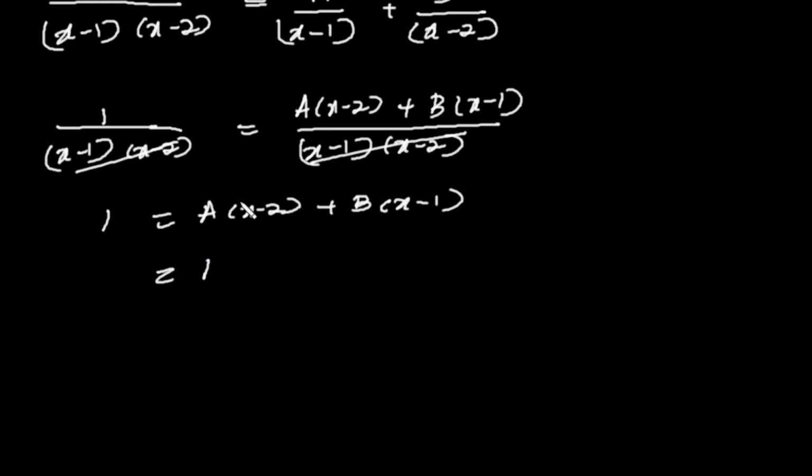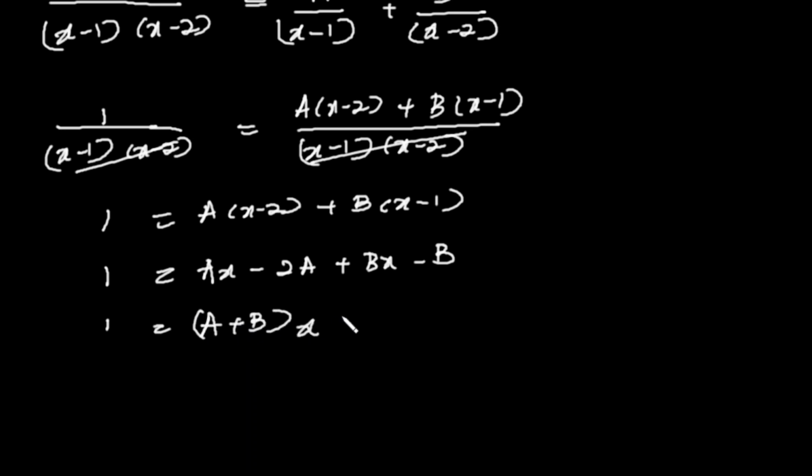We can remove the brackets: ax minus 2a plus bx minus b. Now we can add together the bx and ax: (a plus b)x minus 2a minus b. Here you can see x has the coefficient a plus b, and here is the constant.